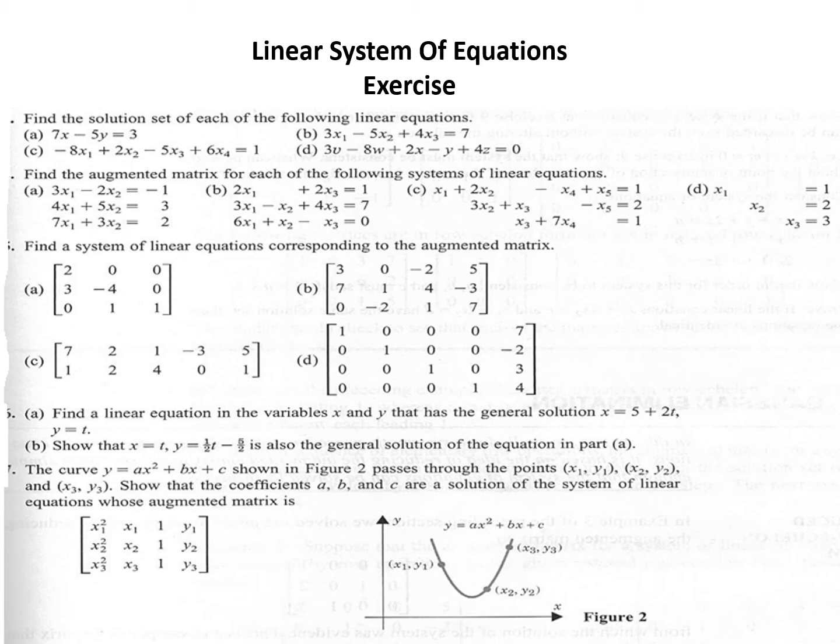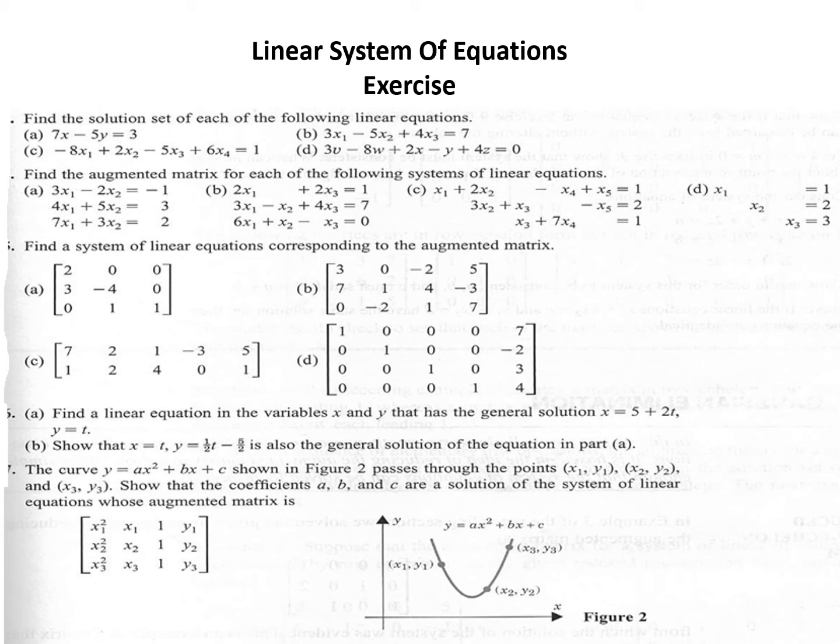So these may be the two equations. And in part D, in equation form it may be written like that: x1 equals 7, x2 equals minus 2, x3 equals 3, x4 equals 4, right? So these are the systems of equations from the augmented matrices.